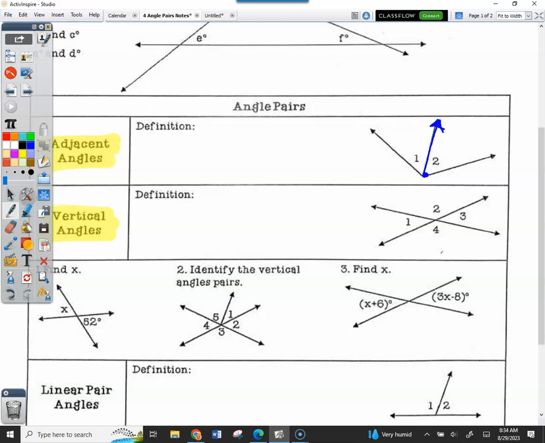You've got to know what vertical angles are. Vertical angles are always congruent to each other, and they're formed anytime two lines cross. You have vertical angles. Every time. Okay? So here's two lines. We said that angle 1 will be congruent to 3, and 2 is congruent to 4. And then we practiced, right?